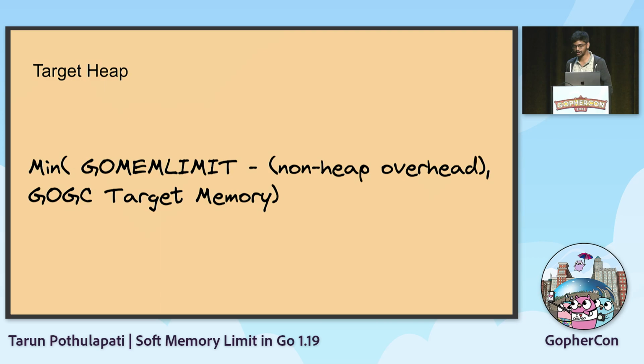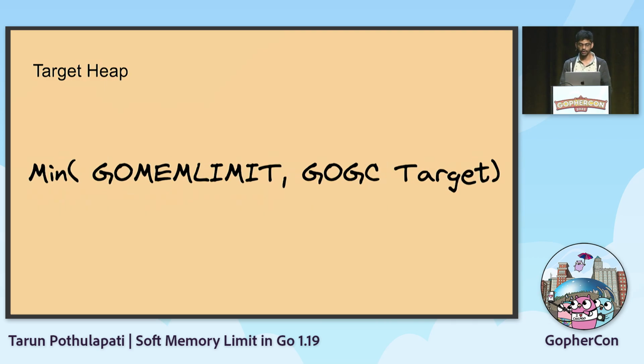But the catch here is that we can't really take GOMEMLIMIT directly, because GOMEMLIMIT includes both heap and non-heap overhead. But the GC only concerns itself with the heap overhead, right? There is the Go runtime and all the other memory that is also used.